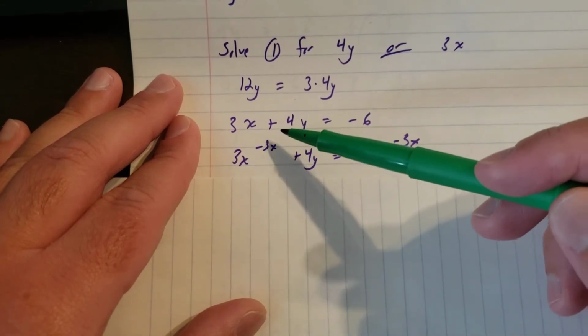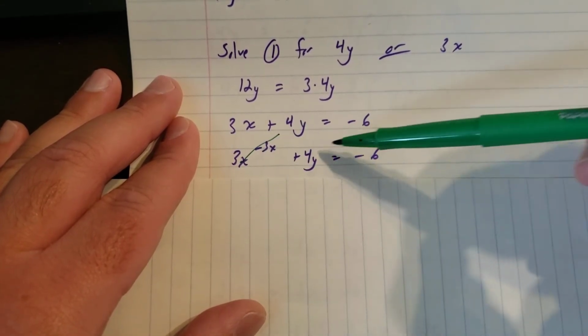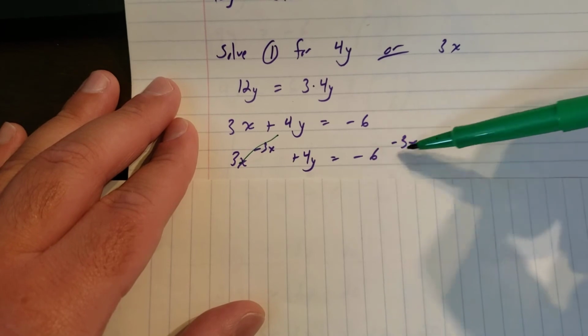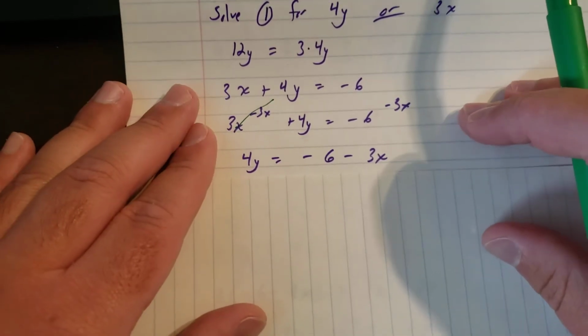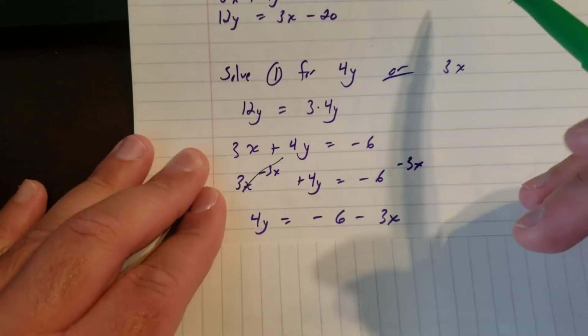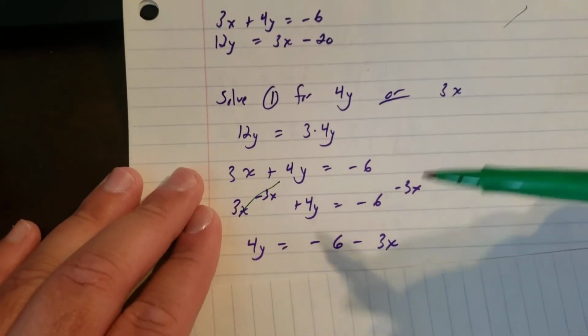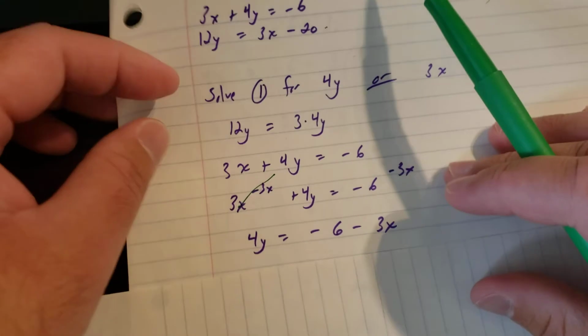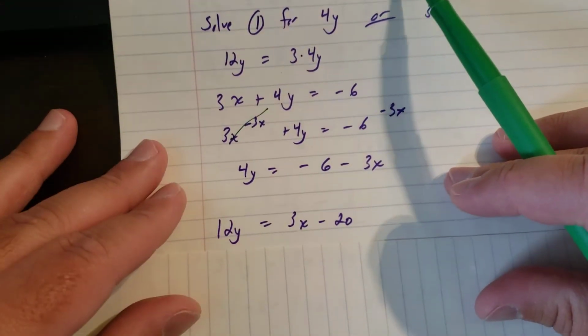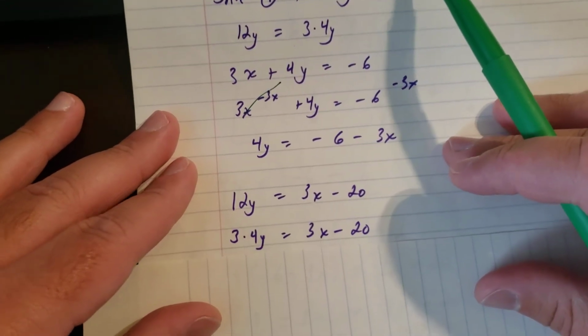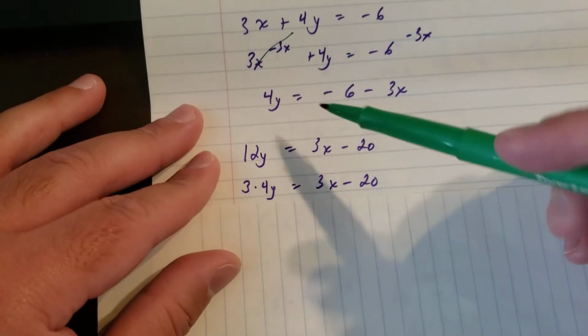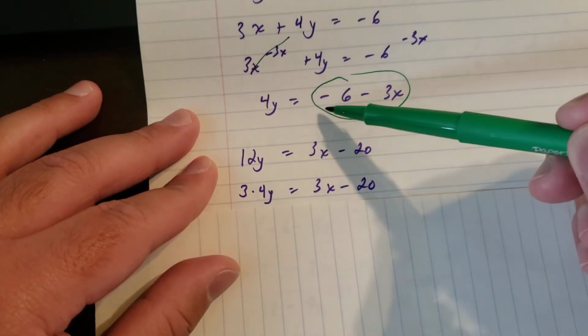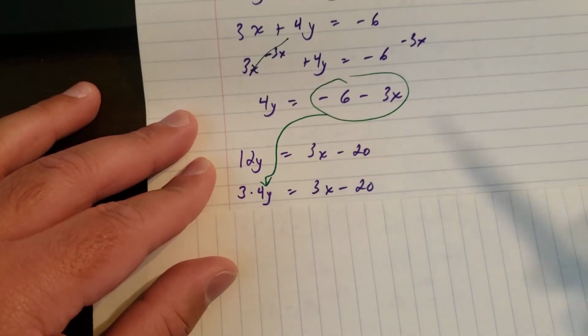This cancels off to give me 0, leaving me with 4y equals -6 minus 3x. Now I can use the substitution into the second equation. So I take this second equation, 12y equals 3x minus 20. I can write 12y as 3 times 4y, and then take this expression for 4y and plug it in there.